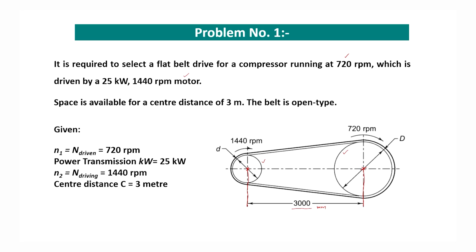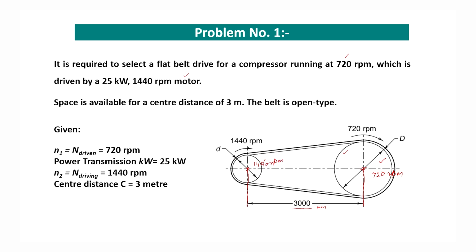Now, the given information in the problem is the revolution of the driven one is this one, and so it is rotating with the speed of 720 RPM, and the driving shaft has to rotate with 1440 rpm.